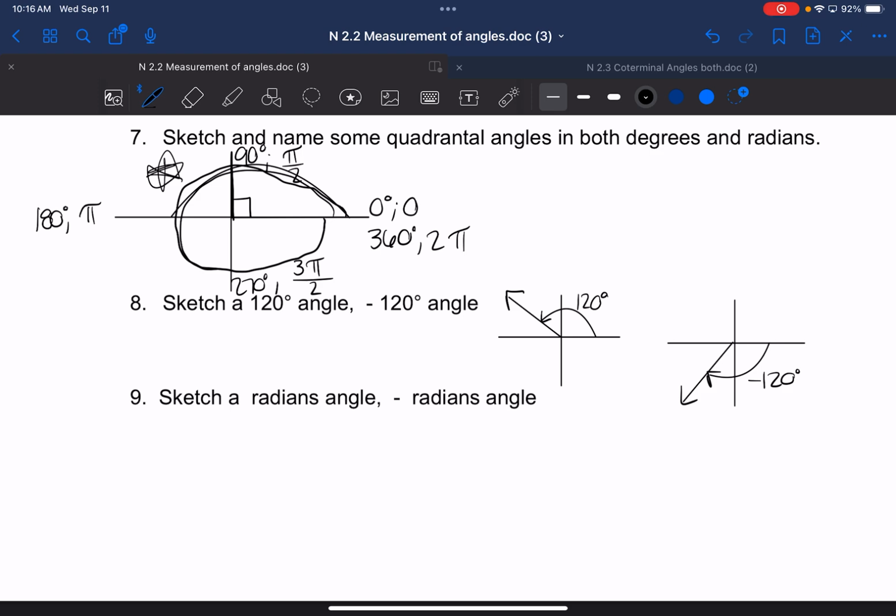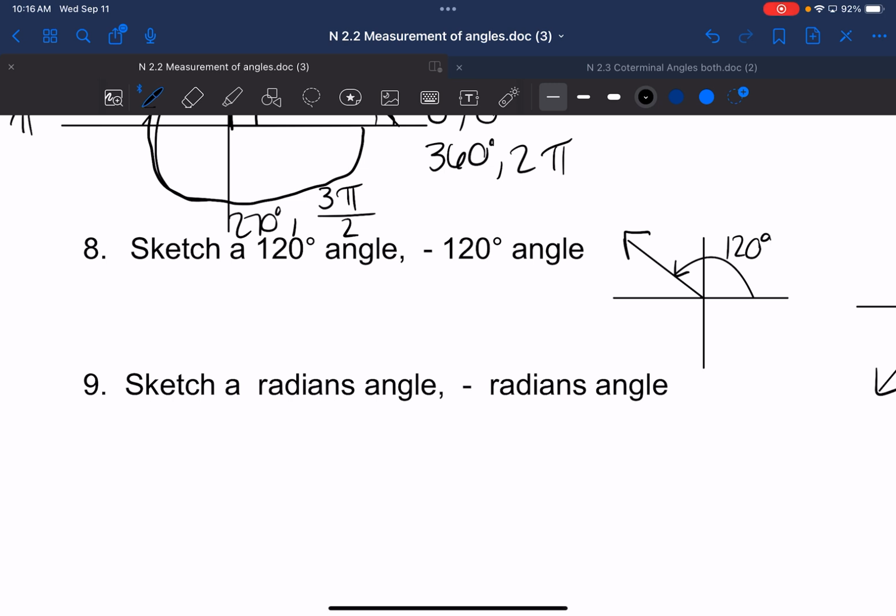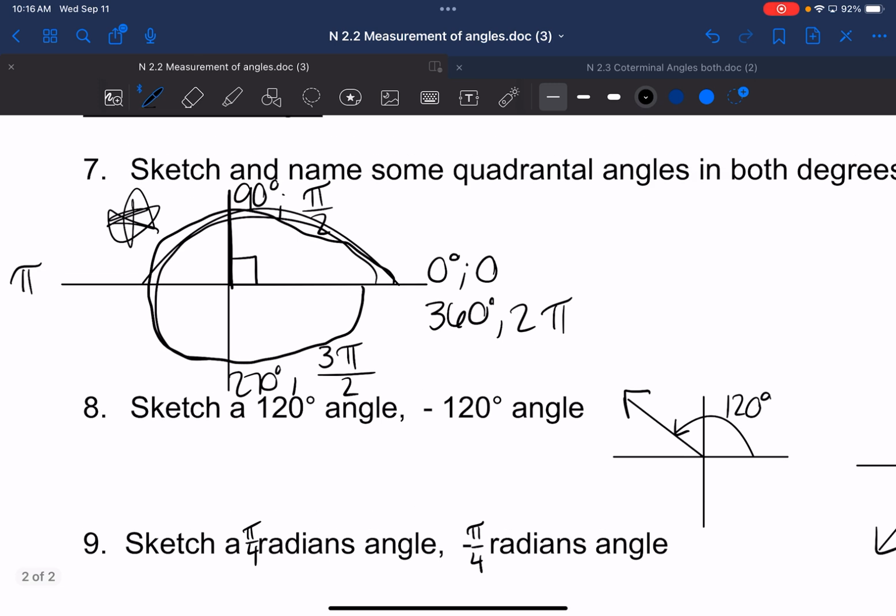Okay, and then I don't know if yours has it or not. It kind of deleted what they wanted us to do, but this should say sketch a pi fourths radians and a negative pi fourths radians. Okay, well, pi fourths, is that bigger or smaller than pi halves?